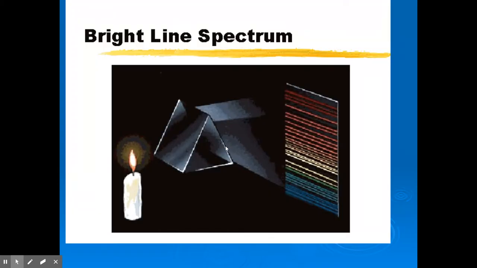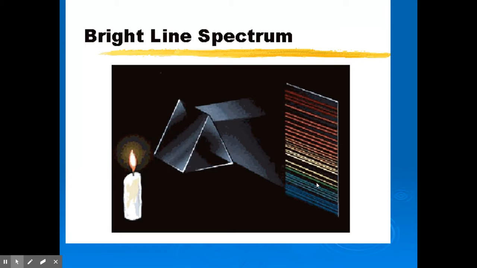So that's the basis of spectroscopy: we're looking at things with a special lens. We're going to see what are called bright line spectrums, and this is kind of an exaggeration of it. You take some form of light and pass it through a lens. This prism is representing the lens, and it splits the light into its component bright lines. These bright lines represent electrons going from the excited state back to the ground state for a given sample.